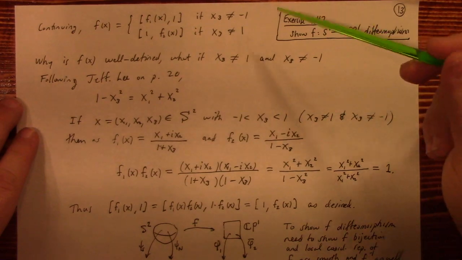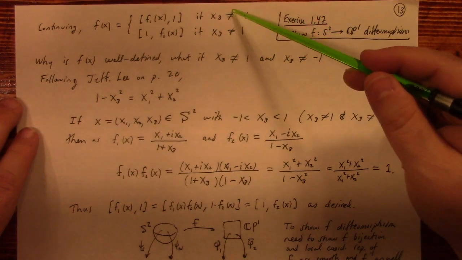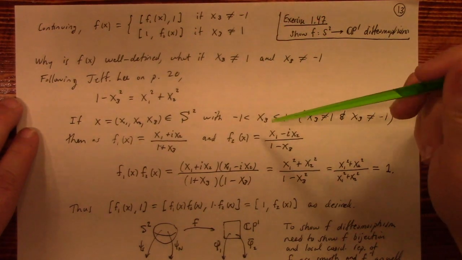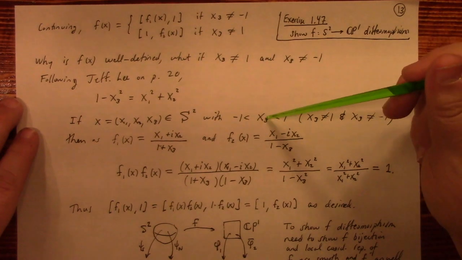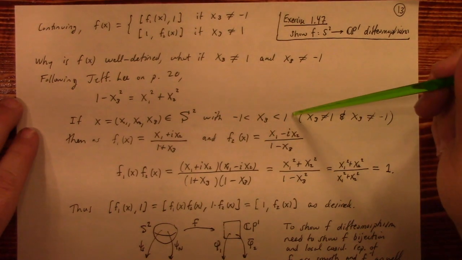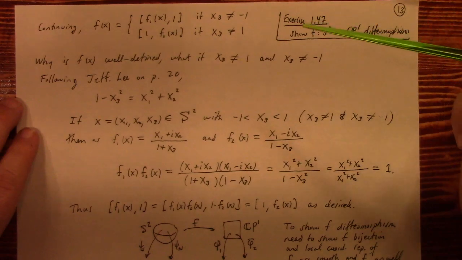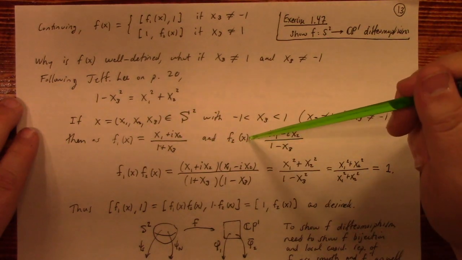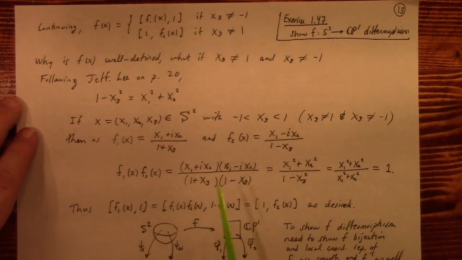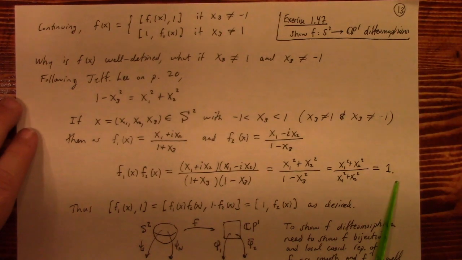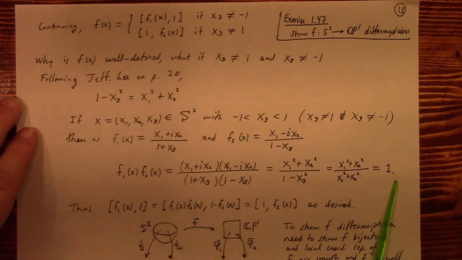And in the context of the overlap of these cases, which is when you have x3 between minus 1 and 1, not inclusive, we can study how f1 of x and f2 of x behave together. Notice that their product simplifies to 1 in view of the equations on this page.